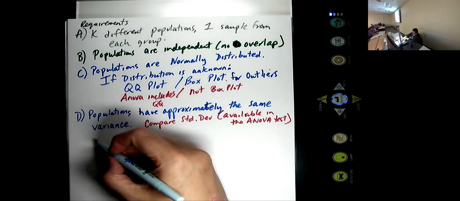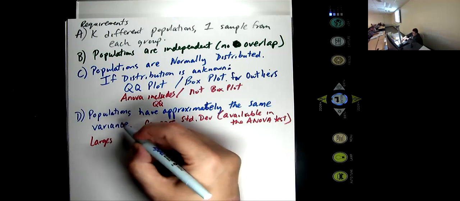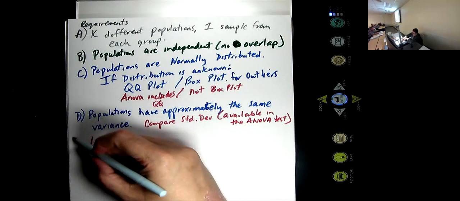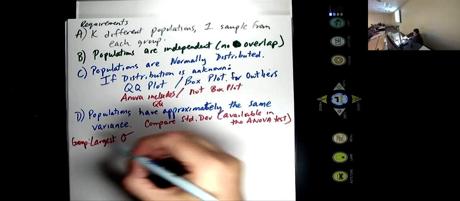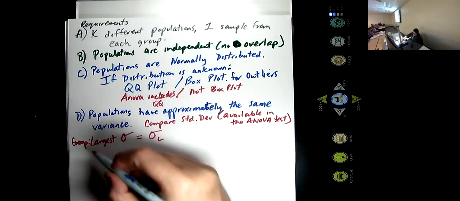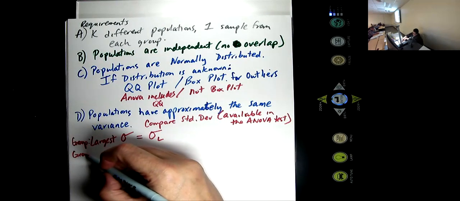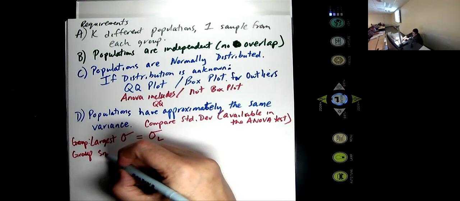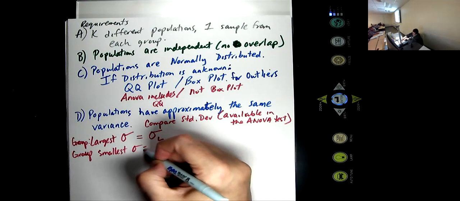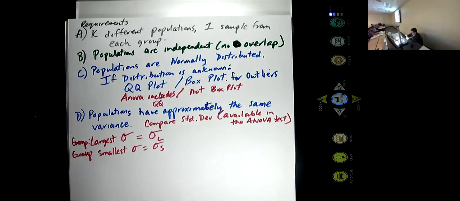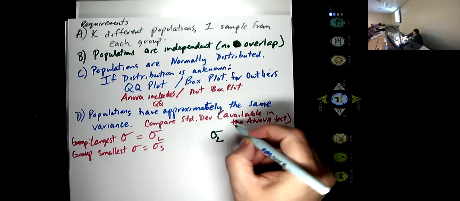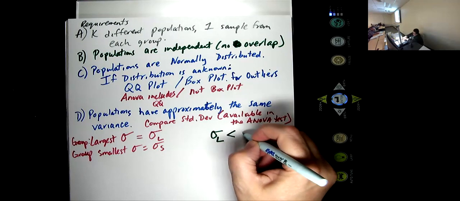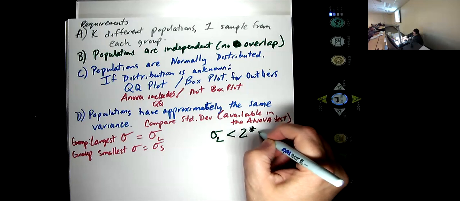So you want to find the group with the largest standard deviation, sigma, and I'll call that sigma L. And we also want the group with the smallest standard deviation, and we'll call that sigma S. And the requirement we want is that the largest standard deviation needs to be less than 2 times the smallest standard deviation.